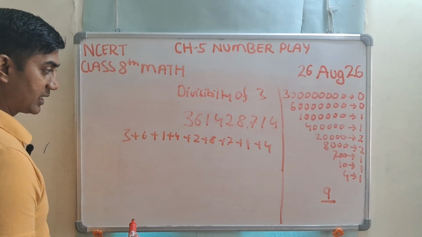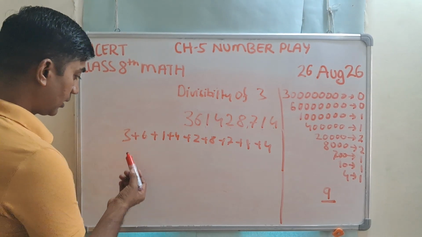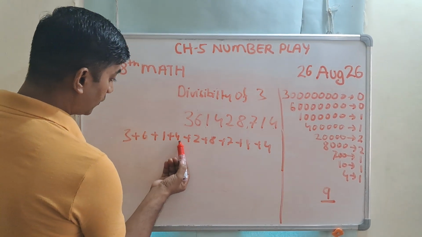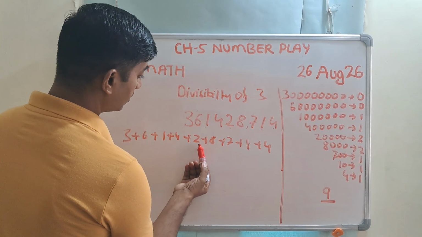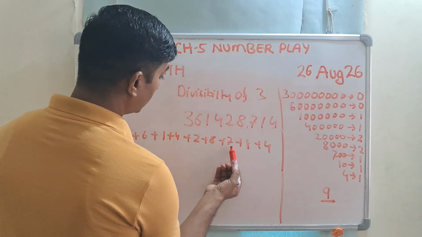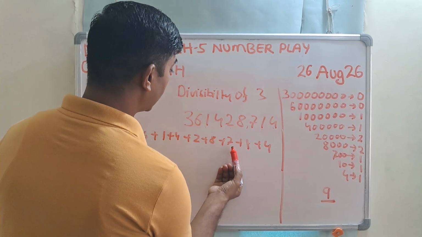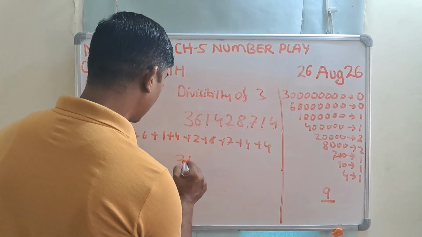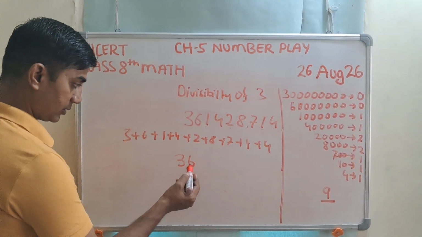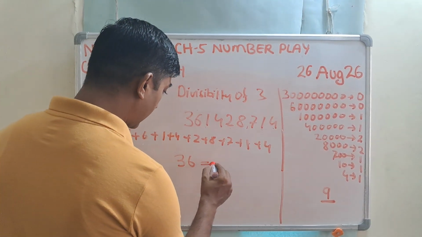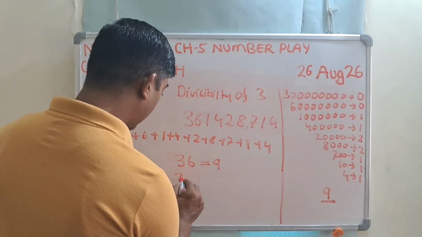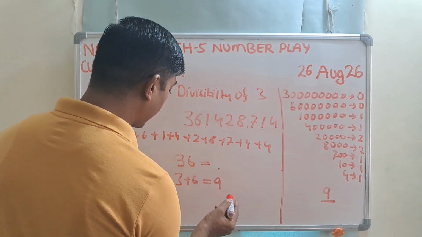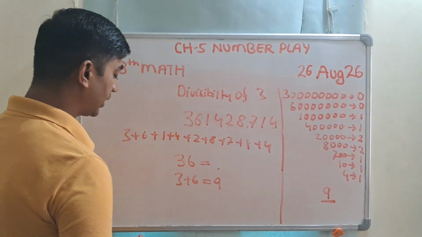What result will you get? 3 plus 6 is 9, plus 1 is 10, 14, 16, 24, 31, 31 plus 5 is 36. You get the result 36, understood? And if you add this again, 3 plus 6, you get 9. Now this 9 is divisible by 3, it means this number is divisible by 3.